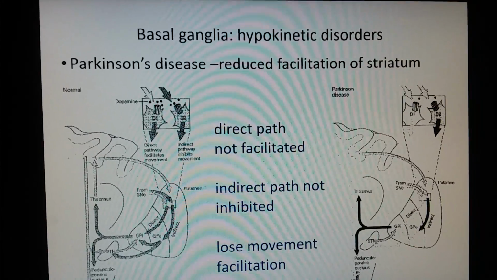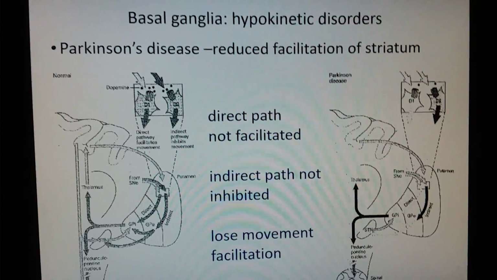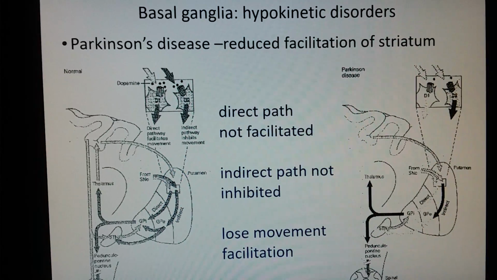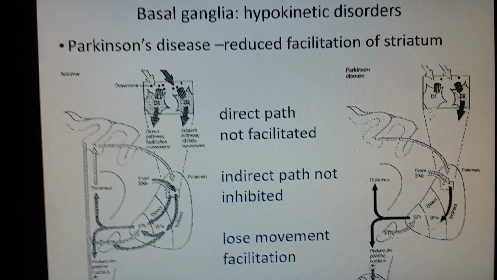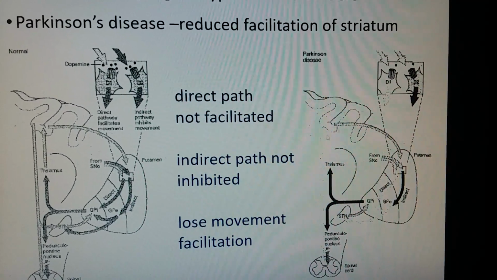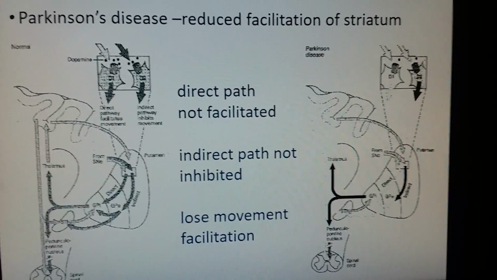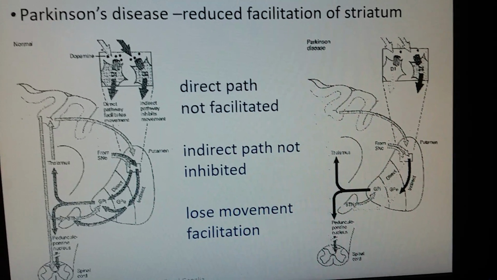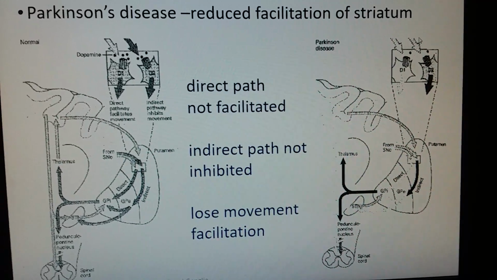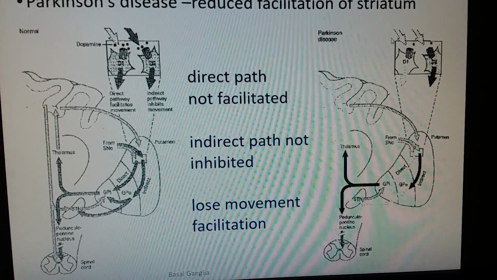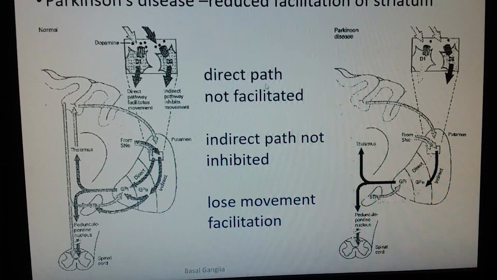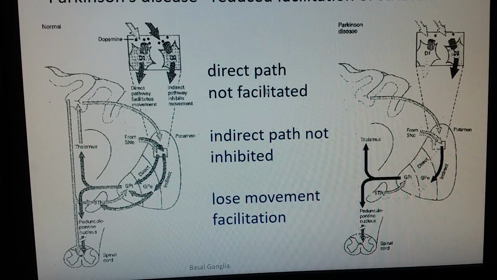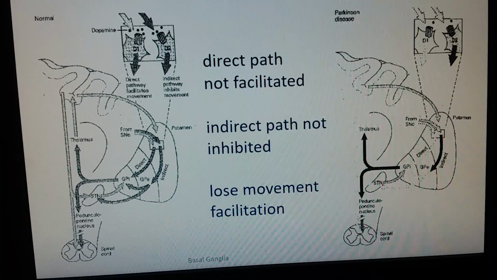But in basal ganglia disorders, of which Parkinson's disease is probably the most common, what you know the most about, the dopamine is no longer working. There's not enough dopamine. Substantia nigra is not making it. It's not around. So there's no activation of D1 and D2 receptors. So the end result is the direct path is not facilitated. So there's no putting on the gas.